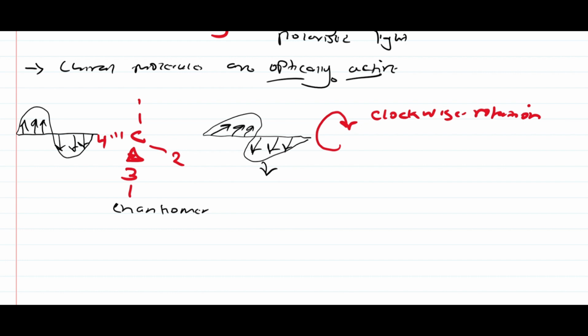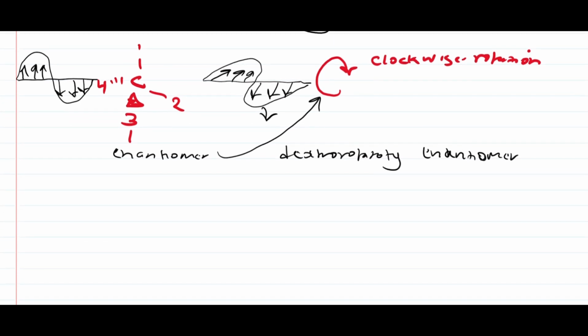Now if an enantiomer rotates plane polarized light in a clockwise direction, we call that enantiomer dextro-rotatory enantiomer, and such an enantiomer is assigned a net positive sign.